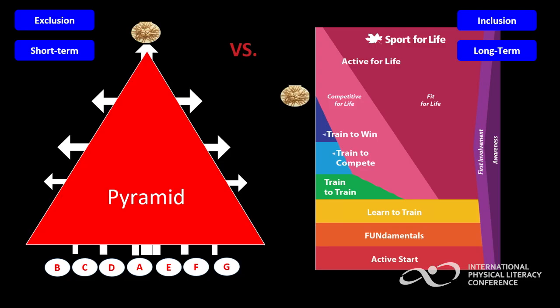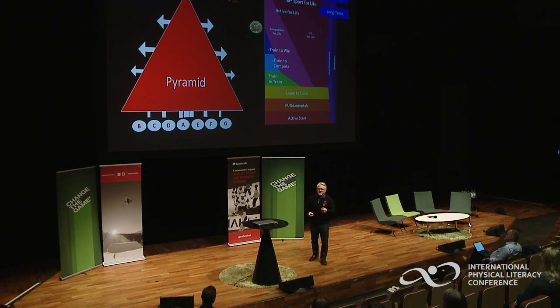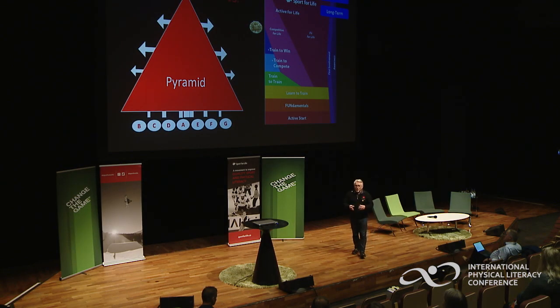And again, when we talk about short-term versus long-term, one of the things we were discussing last evening was the school system and sport, whether it's in Sweden or Canada or really any country that has come to the International Physical Literacy Conference. Sports want to get into the school system.